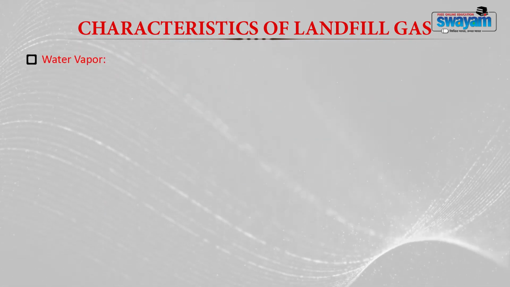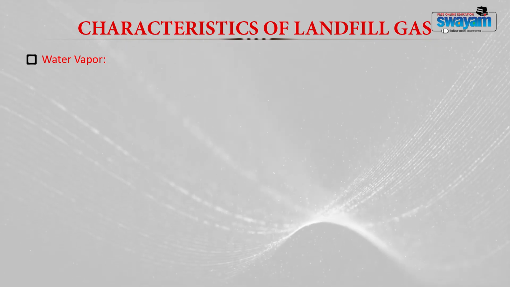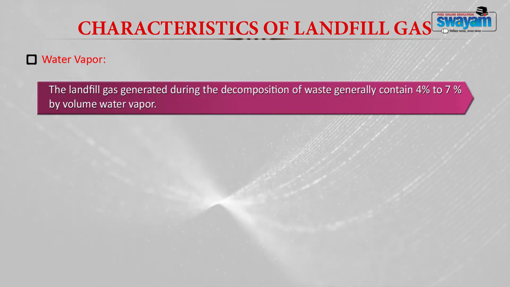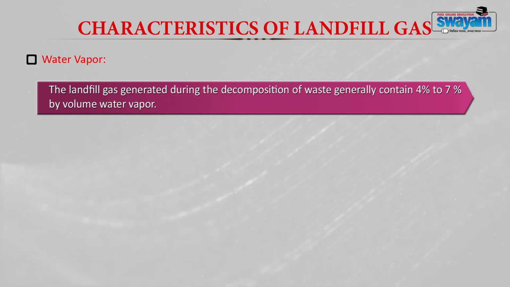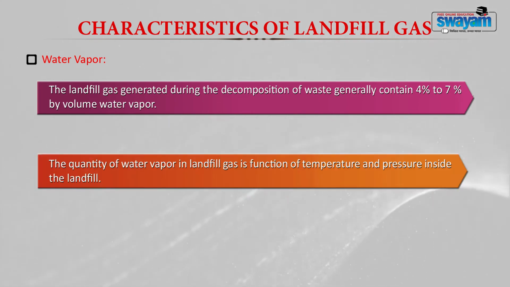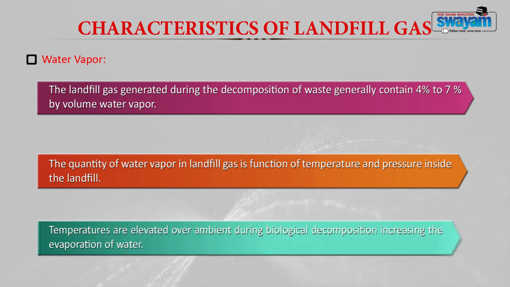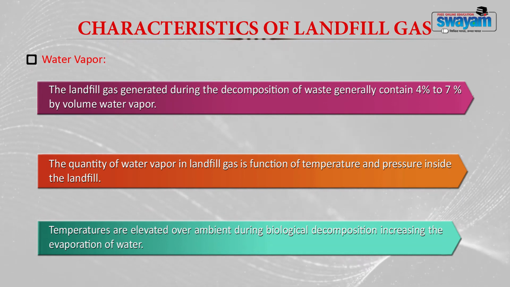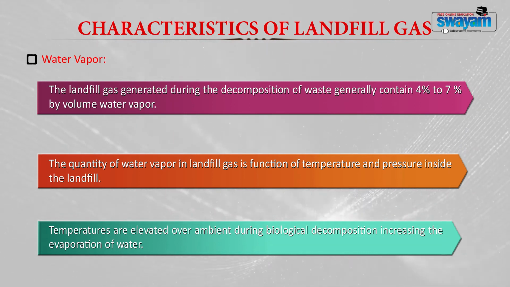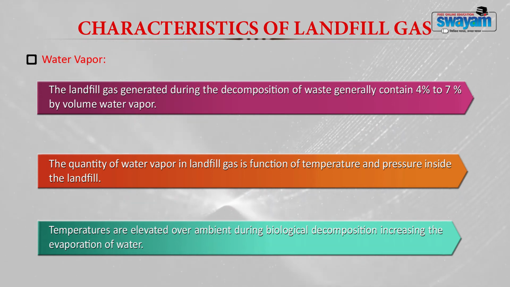Water vapor is also present in the landfill gas. The landfill gas that is generated during the decomposition of waste will generally contain about 4 to 7% of water vapor. The quantity of water vapor is a function of temperature and pressure. When the temperature is elevated, bacterial activity will be high, and when bacterial activity is high, that will increase the evaporation of water and minimize the amount of water vapor present in the landfill gas.